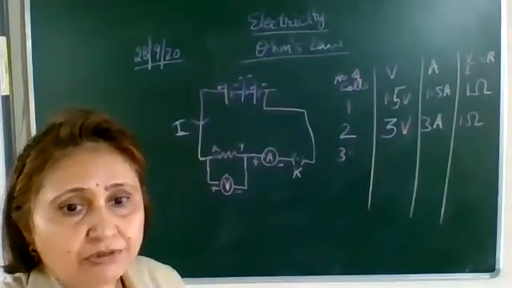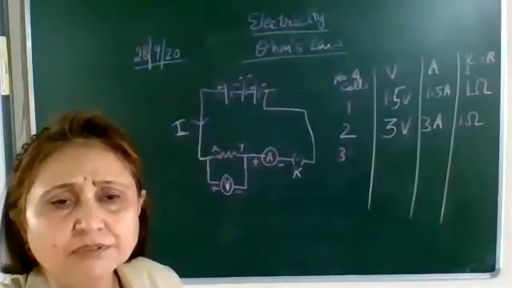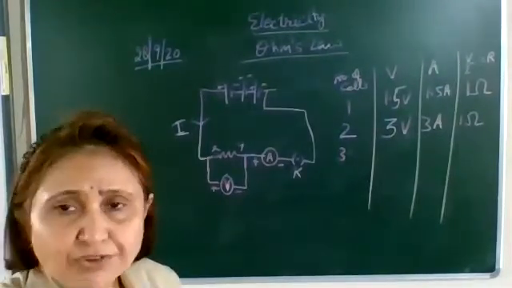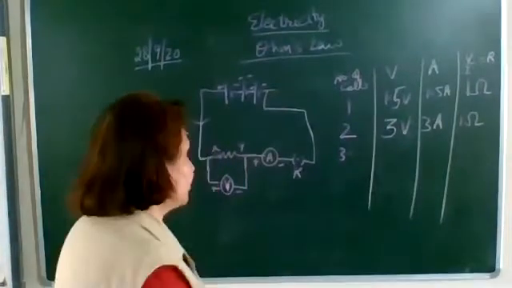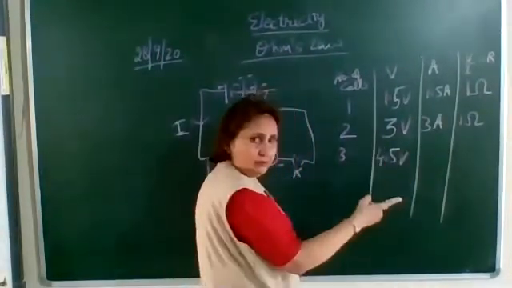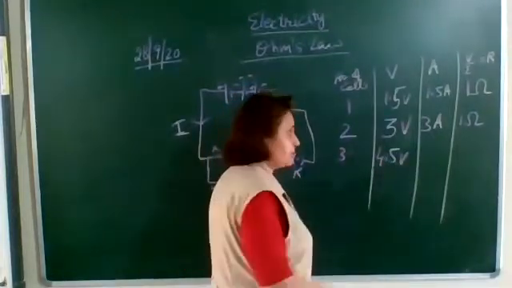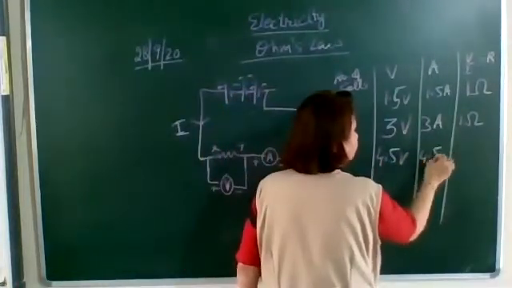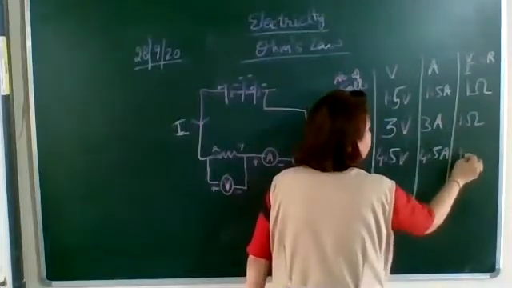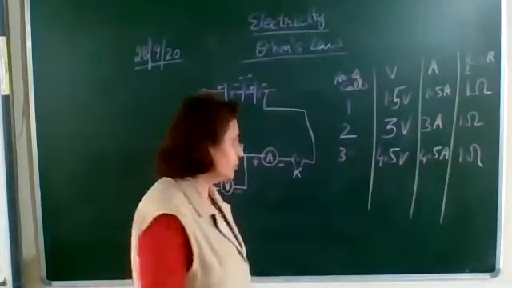You can unmute, I have not muted you. 4.5 volts? Yes, it is 4.5 volts, and here V is directly proportional to I. So I also increases by the same amount, so the current also becomes 4.5 ampere. So again the ratio V upon I, which we call resistance, is 1.